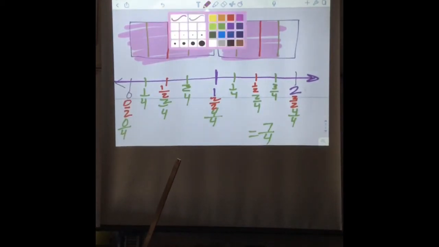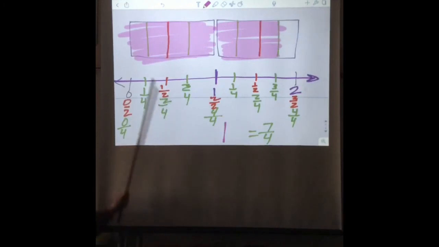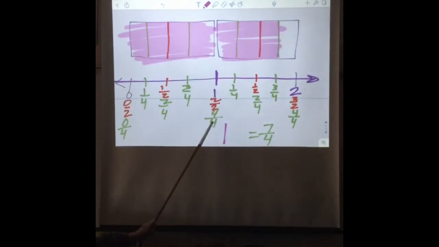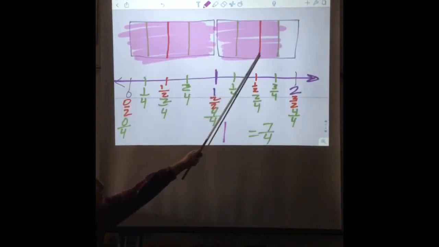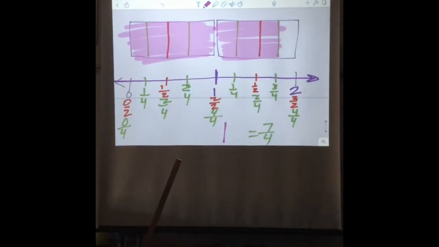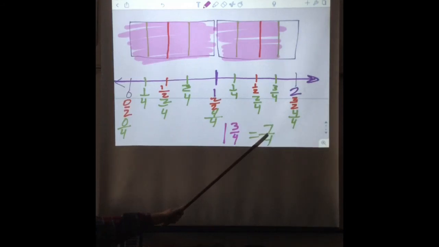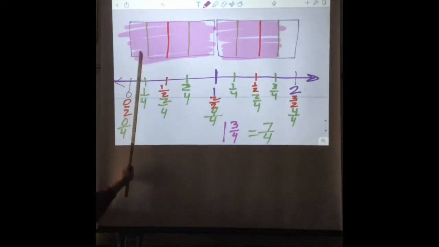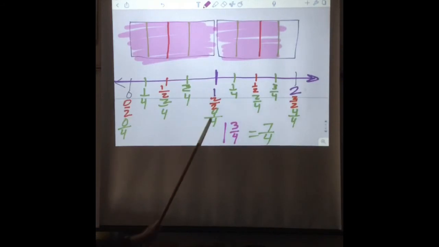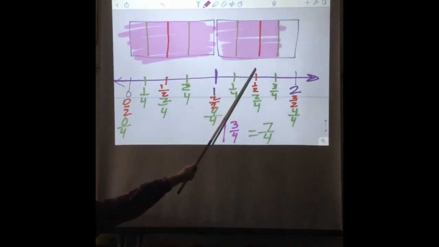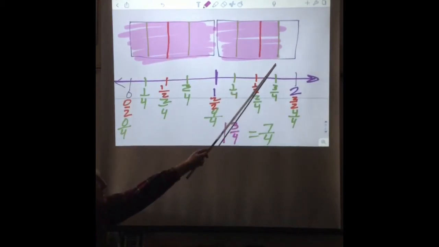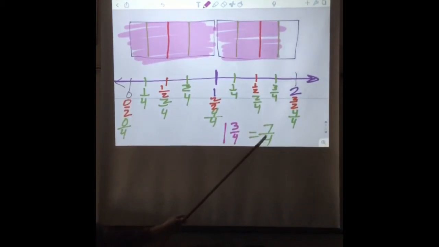So we could write our mixed number as one whole. This is one whole. That's how we get this one. And 1, 2, 3/4. And 1 3/4 equals 7/4. Because we have 1, 2, 3, 4. 4/4 is our whole. 5/4, 6/4, 7/4 right here.